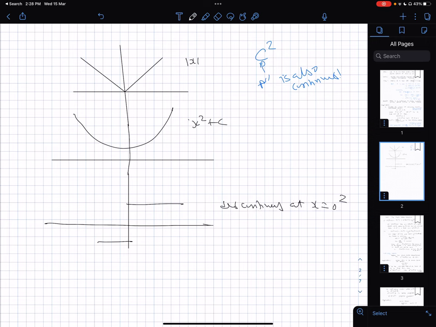Now if I differentiate this function twice, I get f double dash equal to just 2. So it's continuous everywhere. If I differentiate the other function, I get 0 everywhere, but a discontinuity at x equal to 0. So this function is not in C square. This function is in C square.